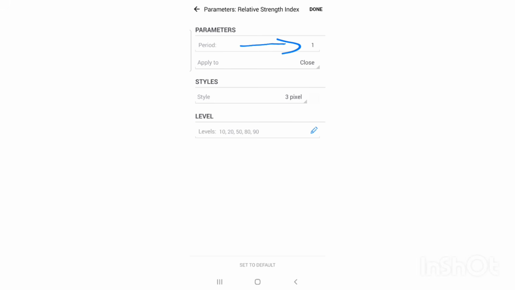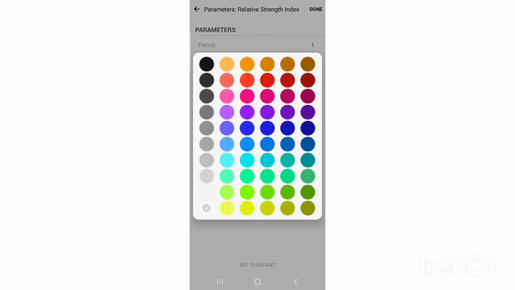Period is 1. Apply to close. Style is 3 pips. So here let me make something clear. If your MT4 or MT5 is in white background, you must put the color white because you don't need it.